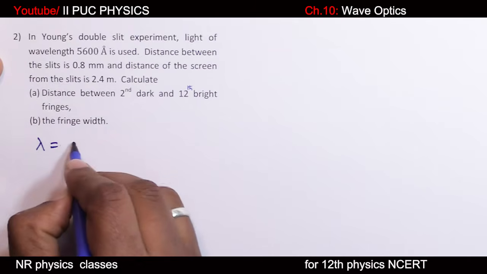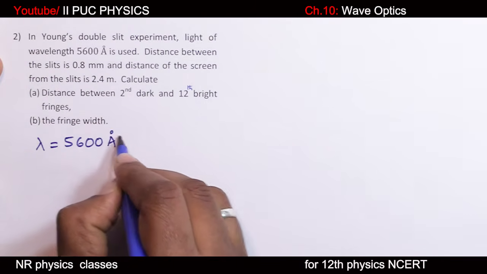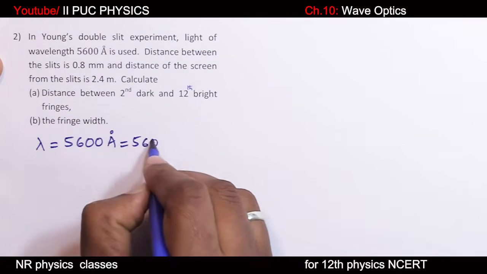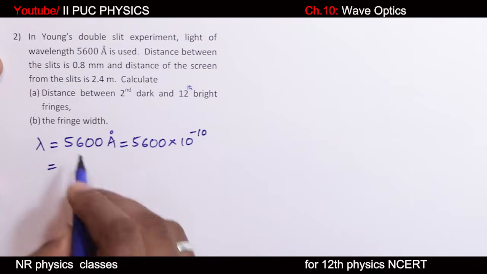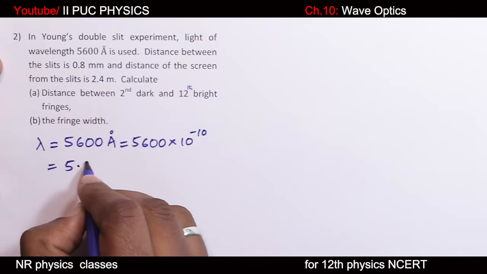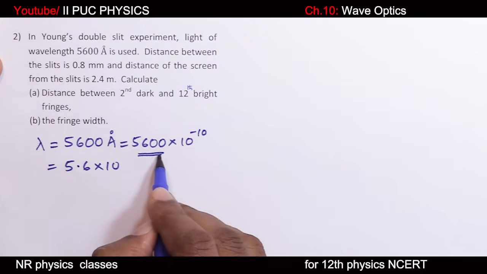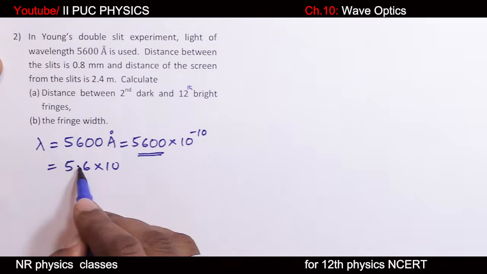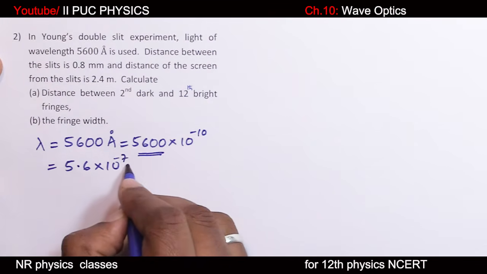Lambda is 5600 angstrom. Angstrom is 10 power minus 10. So if I write it as 5.6, then there are 3 zeros here, 1, 2, 3. 10 power minus 10 becomes 10 power minus 7 meter.